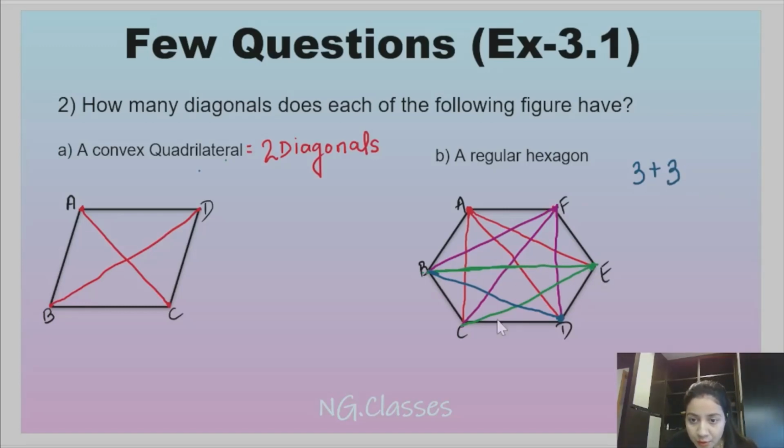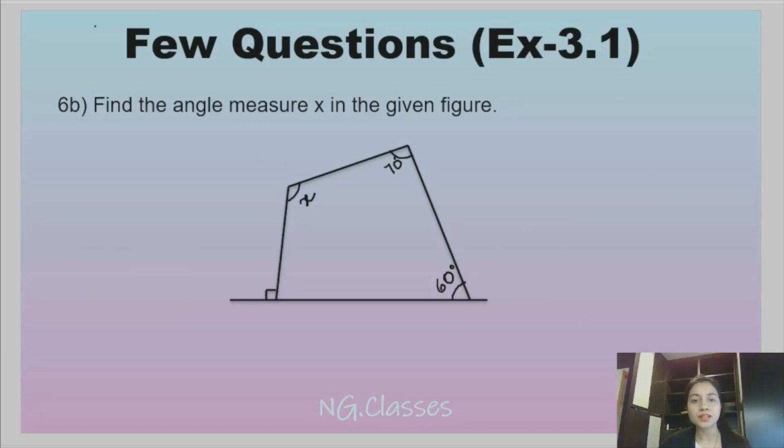I am having 2 green lines, 2 diagonals, and at last I am having 1 blue from D. So how many diagonals are we having? 9 diagonals. Got it?